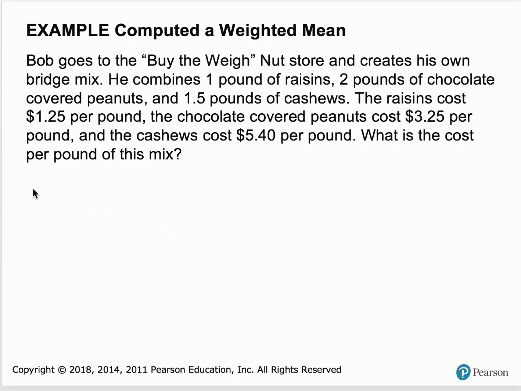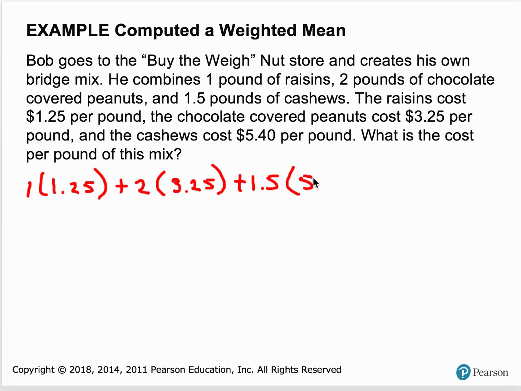Okay, well, let's see. He had 1 pound of raisins, and the raisins are $1.25 a pound. And then he had 2 pounds of chocolate covered peanuts for a value of $3.25 a pound. And then he had 1.5 pounds of cashews for a value of $5.40 a pound.